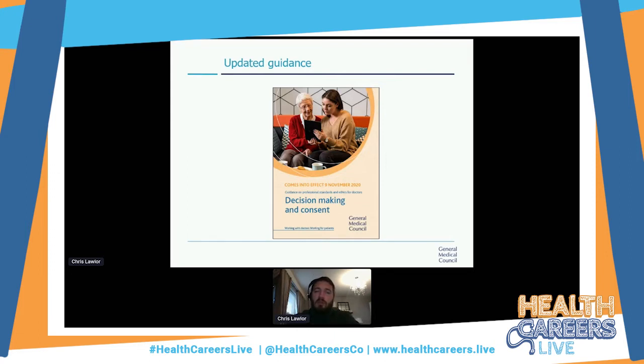But actually, there are going to be decisions that are made on an ongoing basis, and decisions are likely to change when you are treating patients. So the guidance is very much focusing on that ongoing decision-making process, which links into forms of consent. We'll try and cover that as we move through the session.